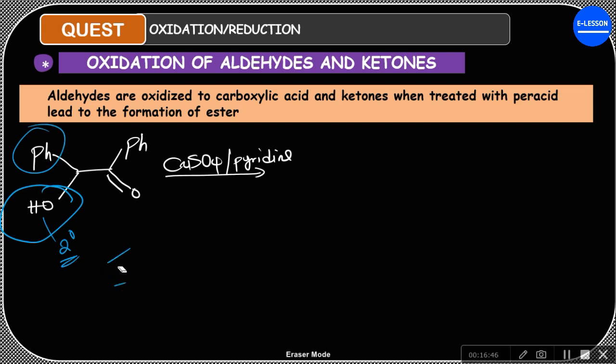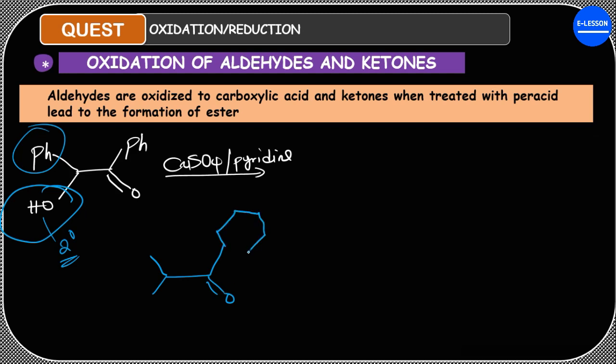But if you want to bring this compound out the way it is, it's something like this. You have double bond O, and then of course you have this phenyl ring, and then you have this phenyl ring.